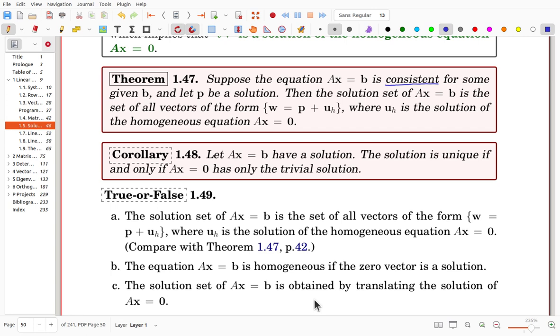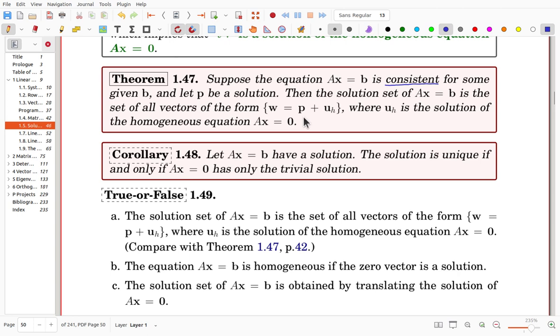In fact, the theorem is saying that once the system has at least one solution, so that it is consistent, then the solution set of the system is the translation of this solution.